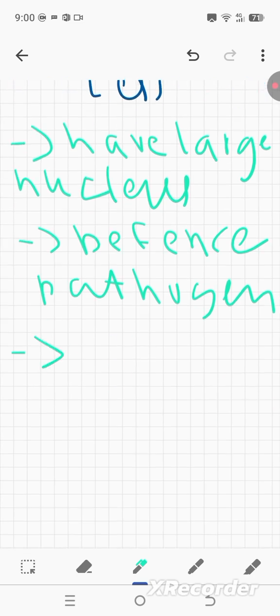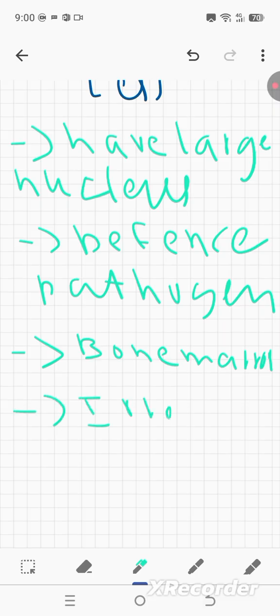Where is it formed? The formation of white blood cells is in the bone marrow. And the shape is irregular. They don't have a particular shape.